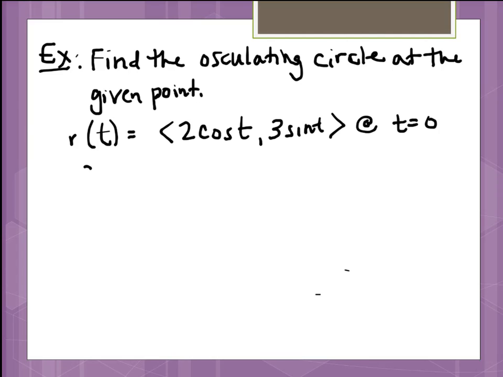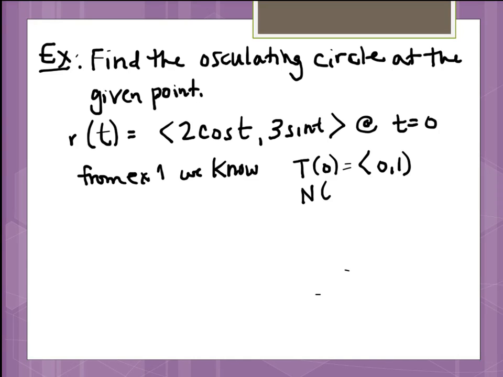So to start with, from example 1, what do we know? Well, we know that T of 0 is 0, 1, and we also had found out in that problem set that N of 0 is negative 1, 0.